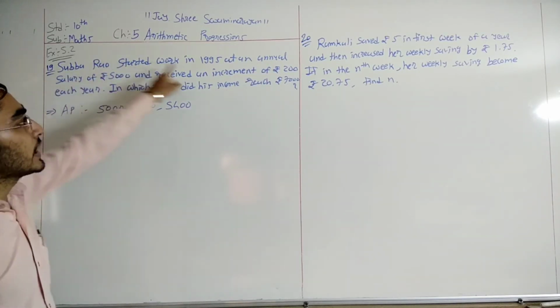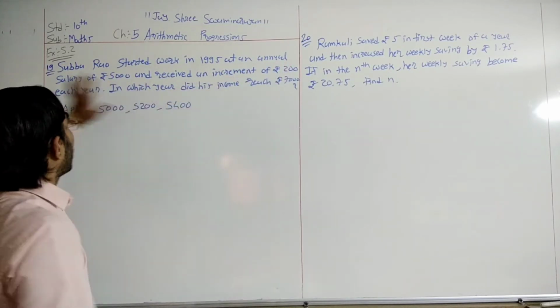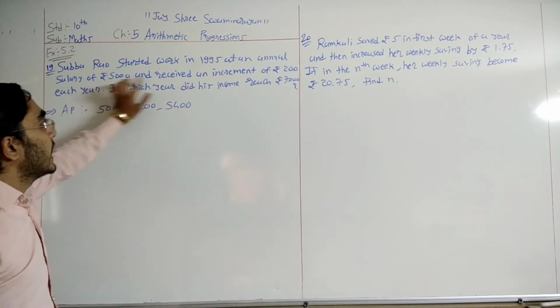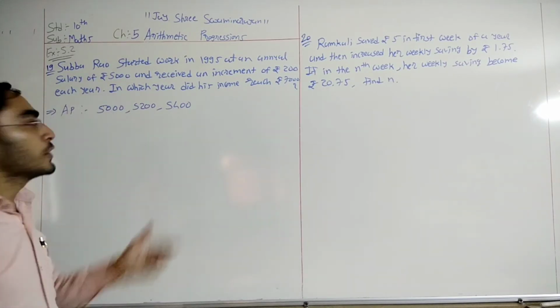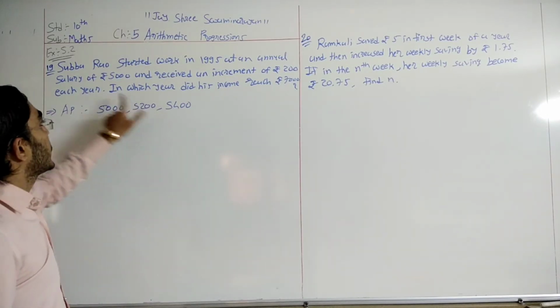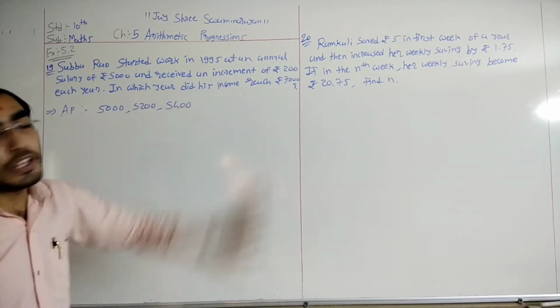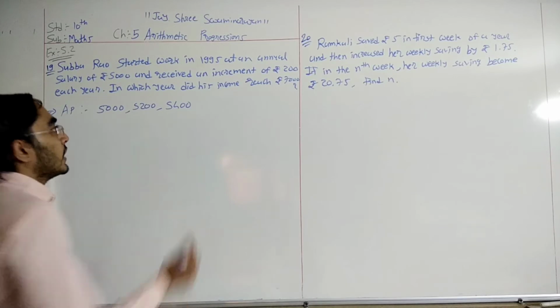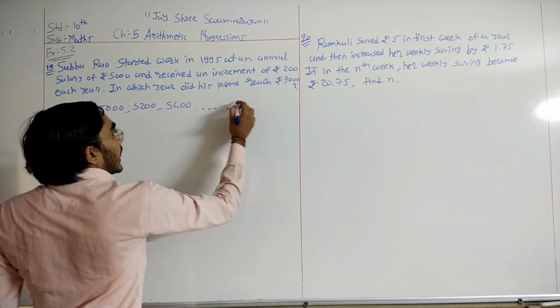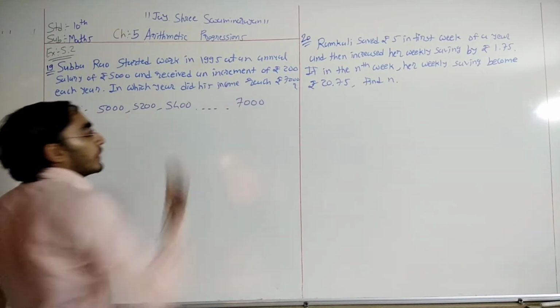So every year we need to add 200. In which year did his income reach 7,000? Every time it increases by 200, and at one point it becomes 7,000.